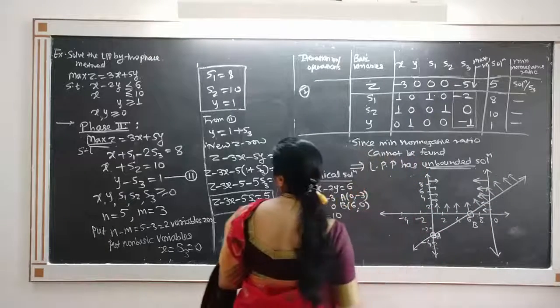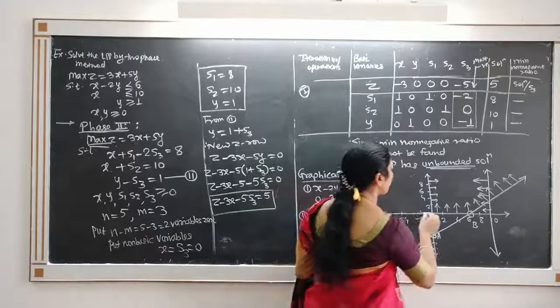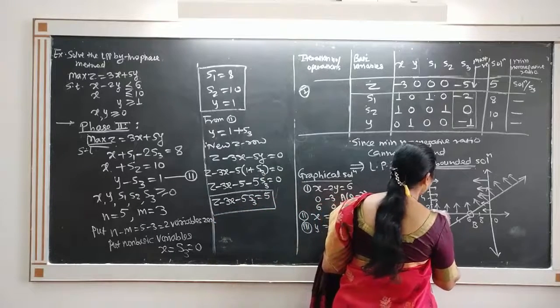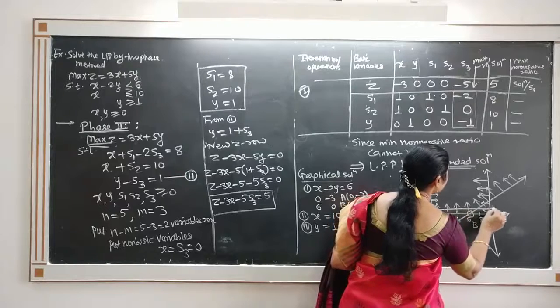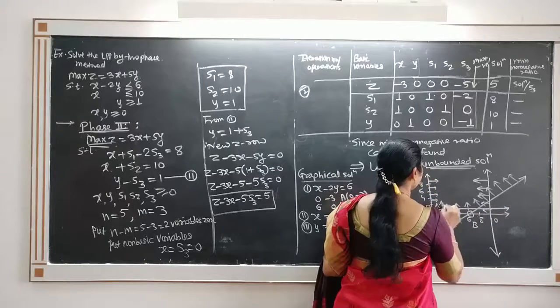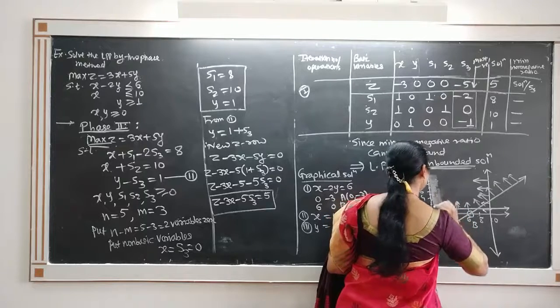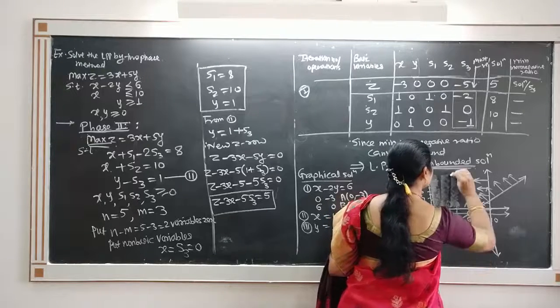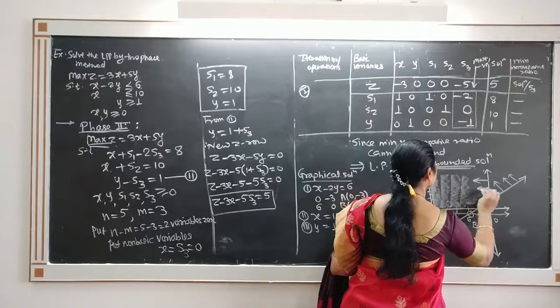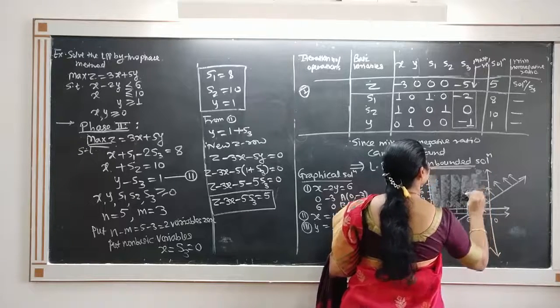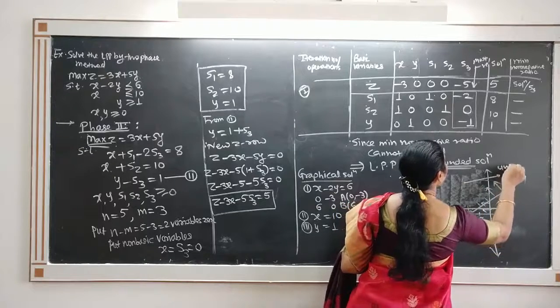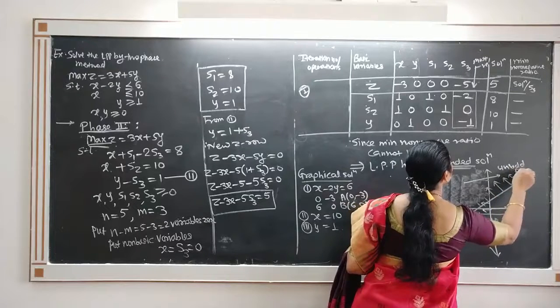And the third one, y greater than or equal to 1, that is this line, y equal to 1. Greater than means the portion above it, so we want the region above this. So which is the feasible region? This total is the feasible region. So this is an unbounded feasible region.